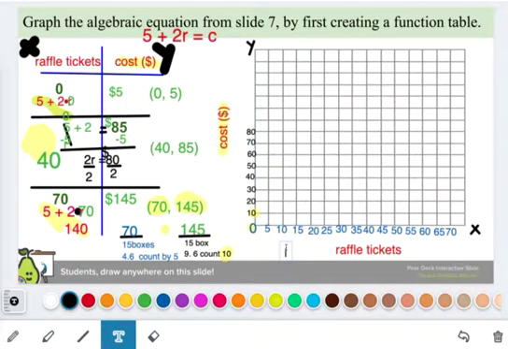You can do this. 90. 100's next. 110. 120. 130. 140. And 150.